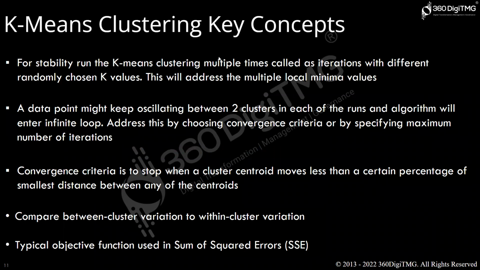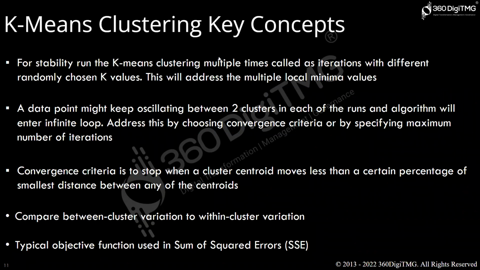Now we are going to see the key concepts of K-means clustering, guys. Running K-means multiple times, called iteration, with different randomly chosen K values, can lead to local minimum values. We compare between-cluster variation to within-cluster variation, and we look at SSE, the sum of squared errors, as the typical objective function.